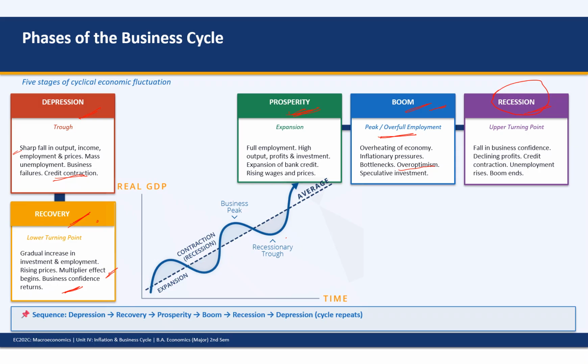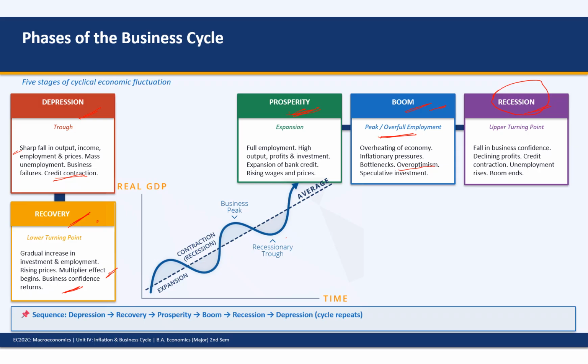This lowers income and spending. Unemployment rises again. Once the recession deepens, the economy eventually moves back into depression. So, recession is the phase of decline after boom. It is the beginning of the downward movement in the cycle.